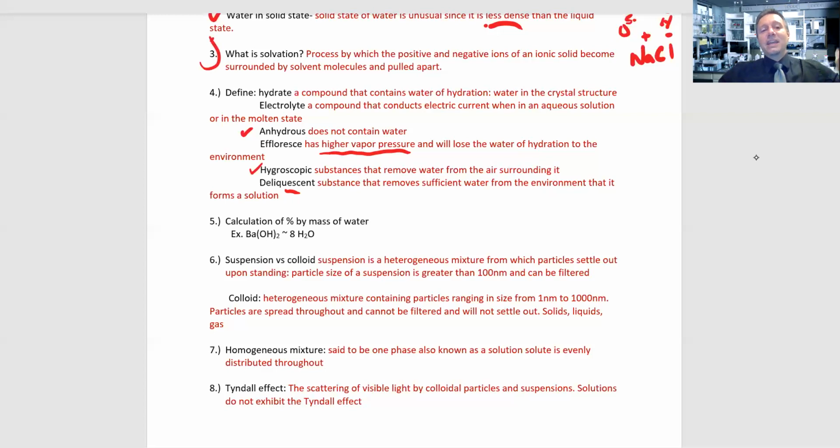So that means it's very hygroscopic and it's called deliquescent. When you talk about Damp-Rid, you buy that in the store. A lot of times people put that in their closet. That is made up of substances that are deliquescent. So it removes a lot of moisture from the air and it becomes a solution. Actually, if you notice in the bag, it becomes a solution.